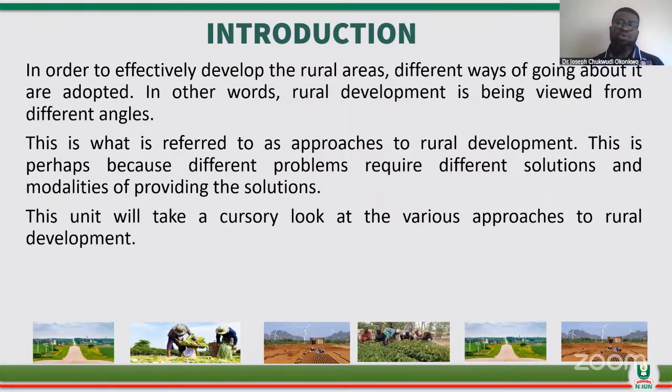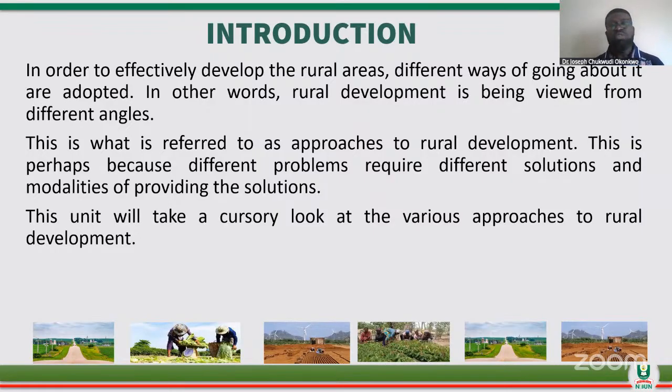In order for us to effectively understand what makes a rural area developed and the approaches to rural development, it is also important that we understand the order of effective development of rural areas. We understand how rural areas can be developed, the different ways of going about it, and how to adopt effective development in rural areas.